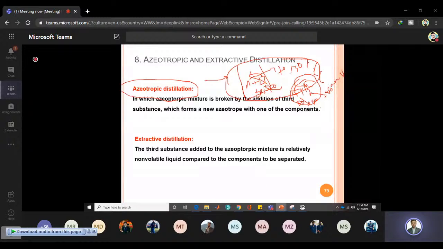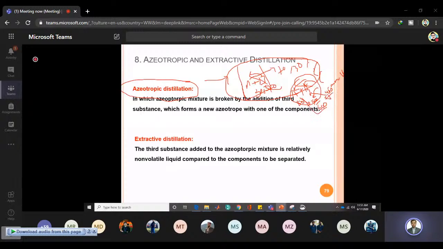Now there is difficulty in separation. If you are adding that third component, it will either lower or raise the vapor pressure of one of these. For this one, it must be a component which raises its vapor pressure because it's already high. For instance, if I add a component which raises its vapor pressure to maybe 600, 700, whatever that value might be, now there is a bigger difference for separation.